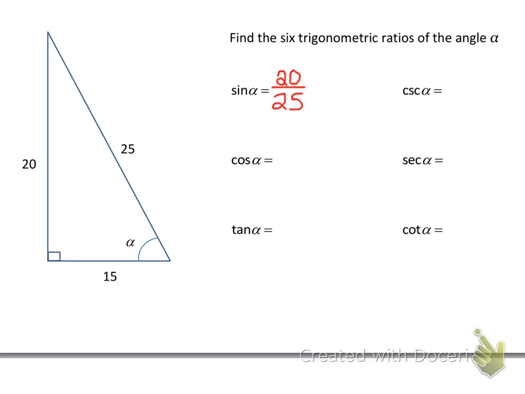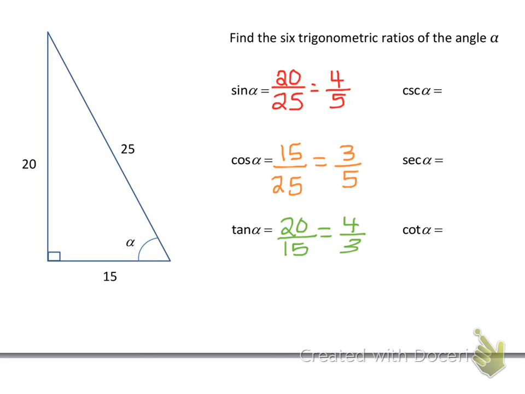And then you simplify, so you get 4/5. Cosine is adjacent, which is 15, over the hypotenuse, which is 25. So you have 3/5. And then tangent is opposite over adjacent, which is 20 over 15, which gives you 4/3.